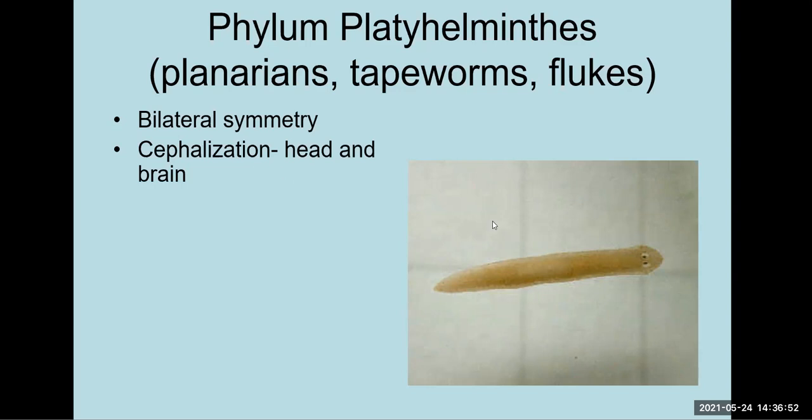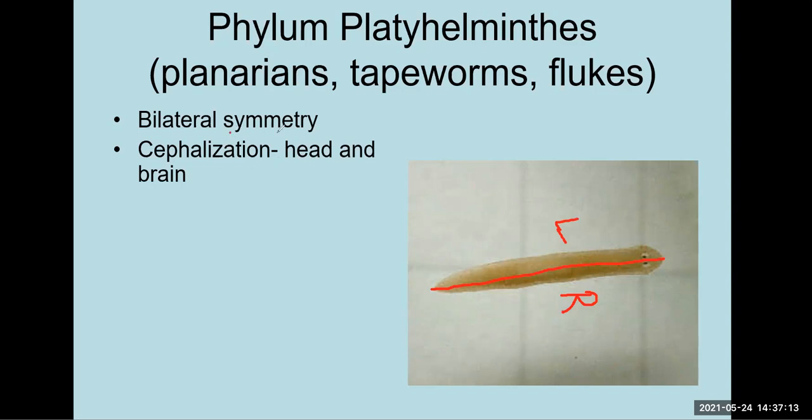When you cut this into half, only half here, the left side and the right side are equal. They are called bilateral symmetry.